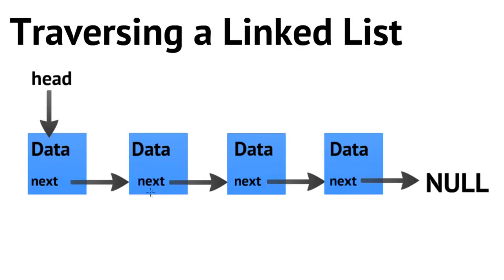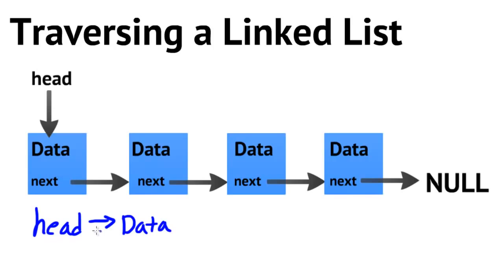You're probably thinking, okay, we don't have those index values, but we do have this head pointer here. This head pointer would allow us to get to this very first node. If we're interested in accessing any of the data associated with this first node, the one being pointed to by the head pointer, we could write code like this. We could say head, then use our member access operator, and then specify what data member we're interested in accessing.